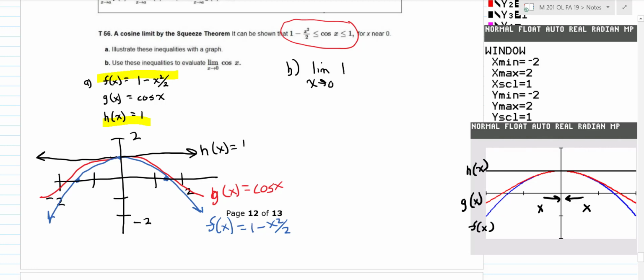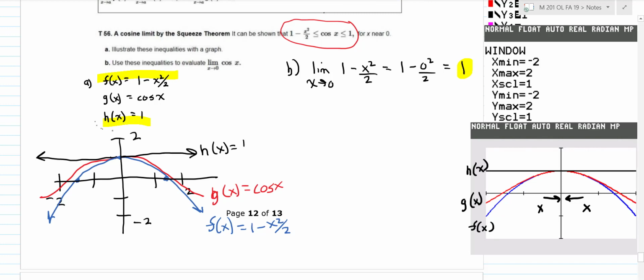So we're going to do the limit of 1 minus x squared over 2 as x approaches 0. That's a quadratic function. It's a polynomial, so all you have to do is plug the 0 in. So you get 1 minus 0 squared over 2. Therefore, you get 1. That's the value of that limit. You can tell that by looking at the graph.